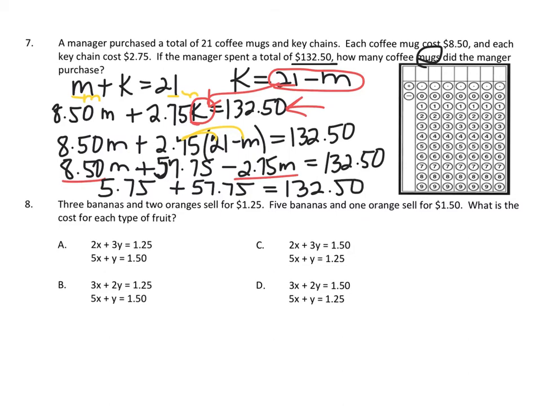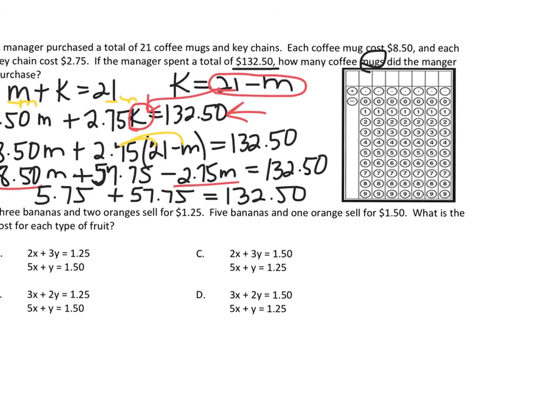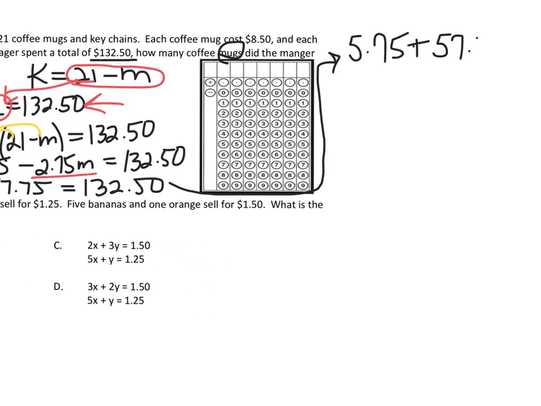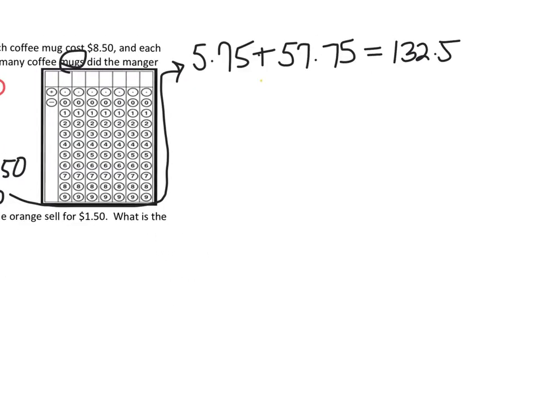All right, so my next step, I'm going to go ahead and bring this over here. 5.75 M. Okay, so we're going to subtract the 57.75 from both sides of our equation.